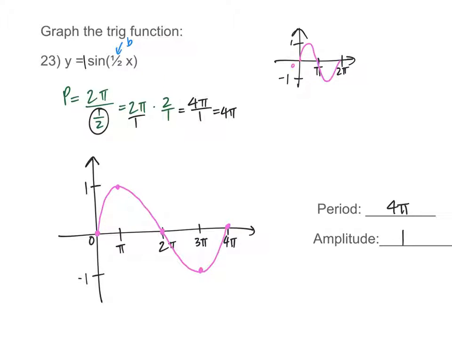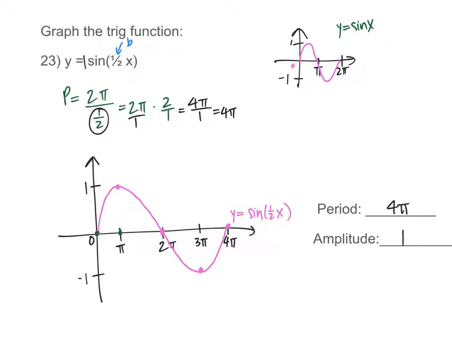So just for funsies, I'm going to draw what it would look like if I were to fit a regular sine graph in this same graph. So sine would actually look like this. Let me mark this. So this is y equals sine 1/2 x. So now I'm going to draw the other one. So it'd still be at 0, 2, then 1.